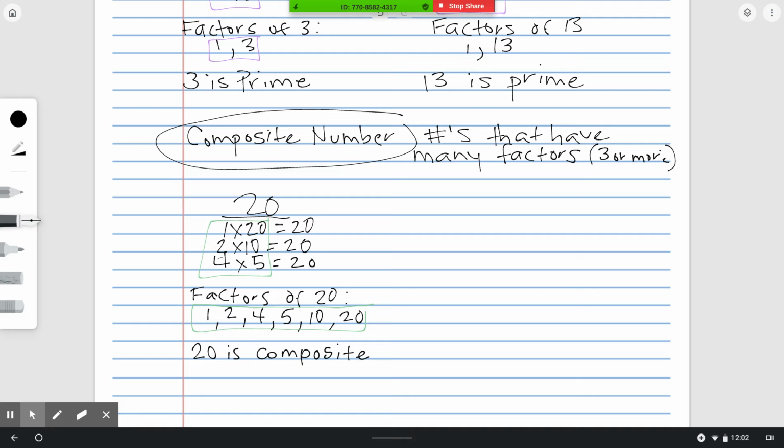Let's do the number 4. By yourself, I will give you 1 minute because it is very short. Figure out if the number 4 is prime or composite. And if it's one or the other, I need you to tell me what the factors are.